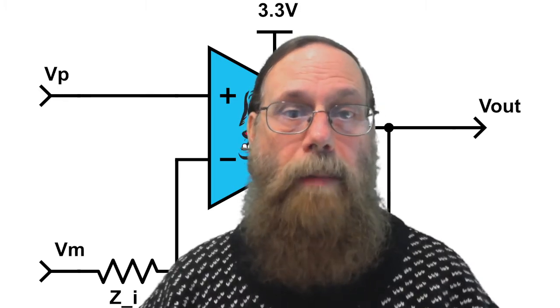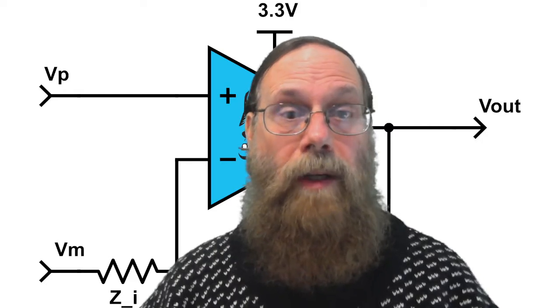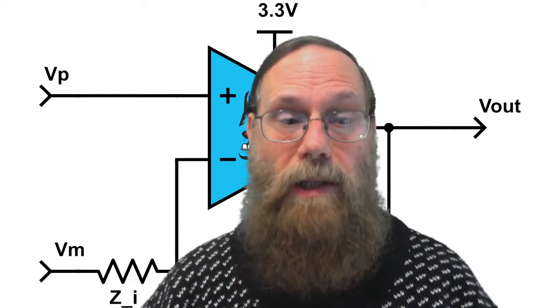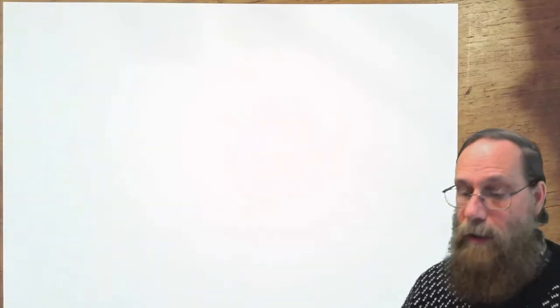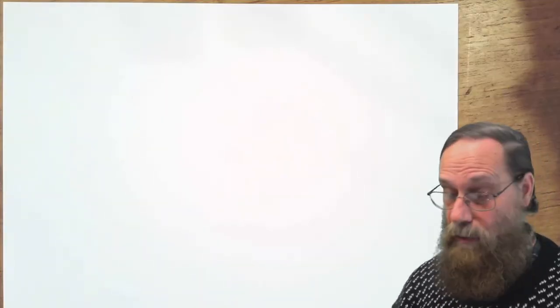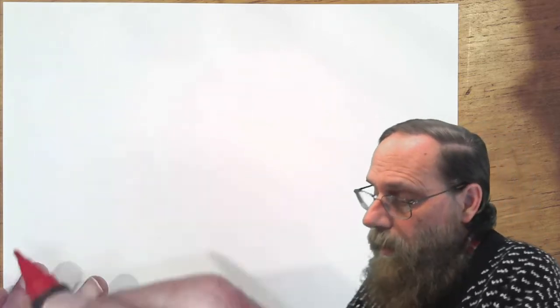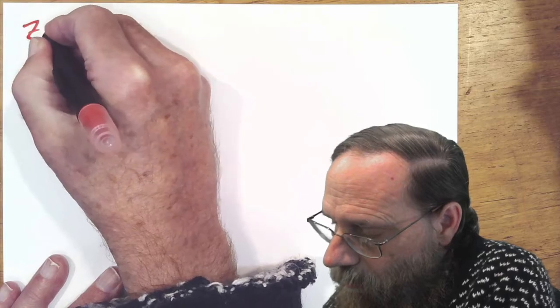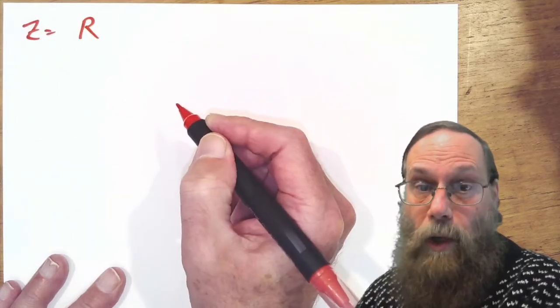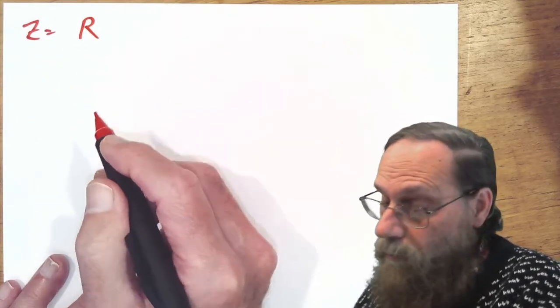This video is about non-standard impedances, coming from chapter 29, section 2 of the textbook. Now, we have had three different standard impedances so far. We have had resistors, which have the formula Z equals R. The impedance is just a constant, the resistance.